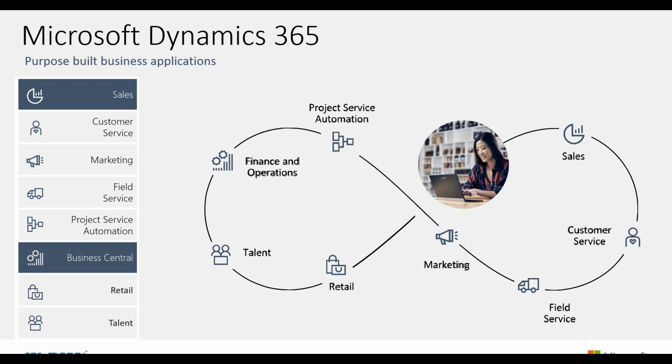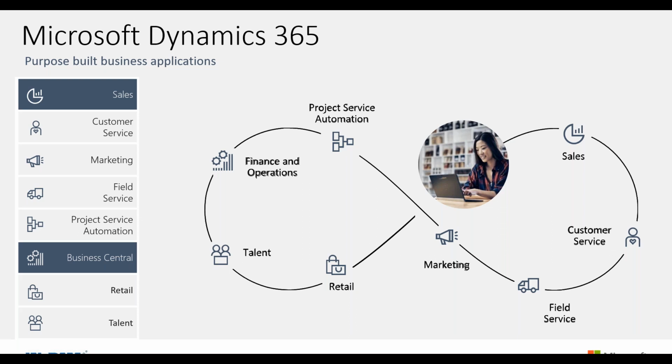And then from acquiring, you move on to customer service where you manage the customer, you provide incident support and cases, and from there move on to field service where you schedule resources and you can track the resources who are on field, and from there you can move on to doing some campaigning in the marketing modules, send bulk emails and track and do a bit of campaign nurture events, and from marketing you move on to project service automation.